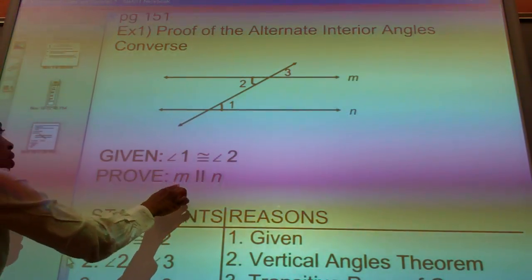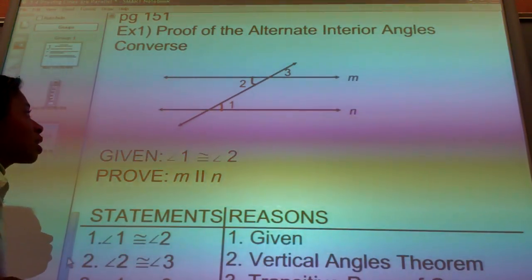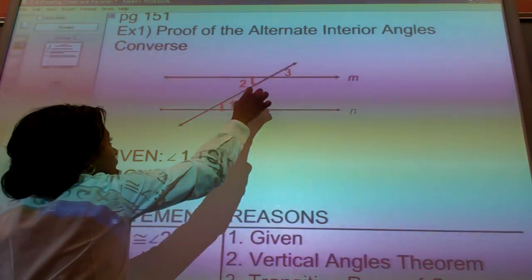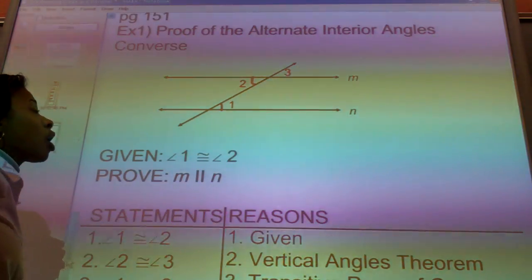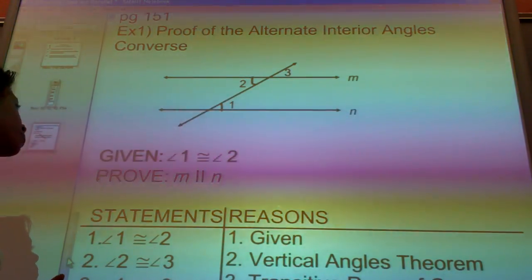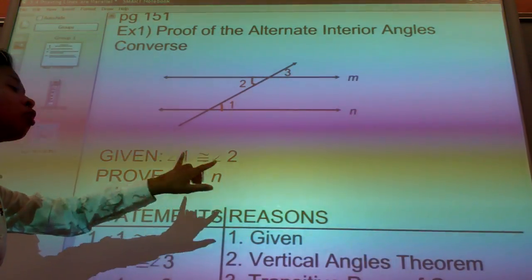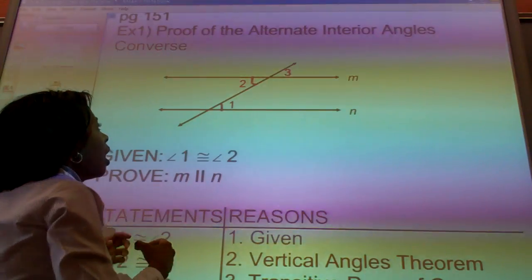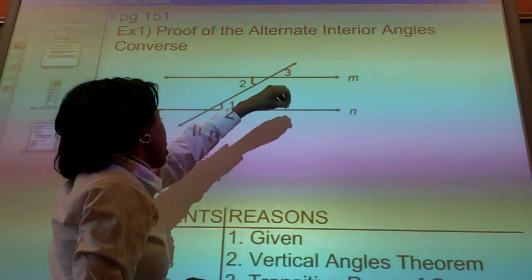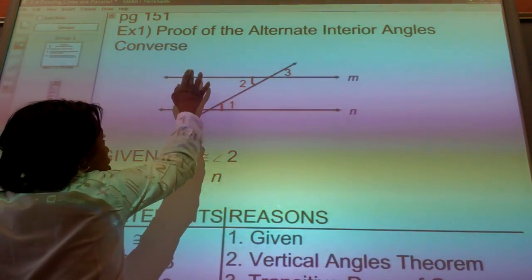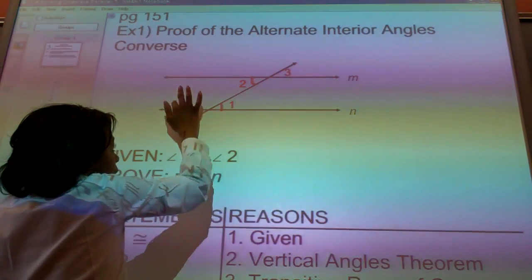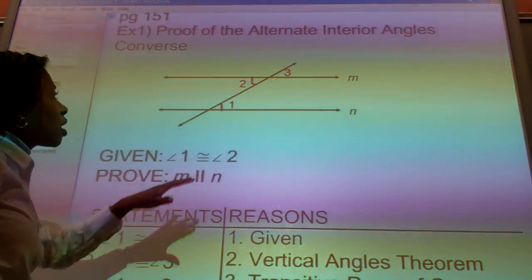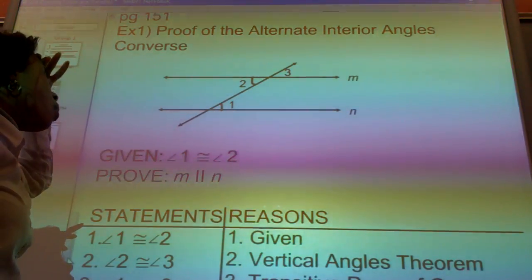Line M is parallel to line N. When I look at this, what do I see here? I see angles 1 and 2 are congruent, which takes me to step 2. Now I can go to step 3. I think in my head, if I'm looking at this diagram and I'm asked to prove that these two lines, M and N, are parallel, I think to myself, wow, what do I know?